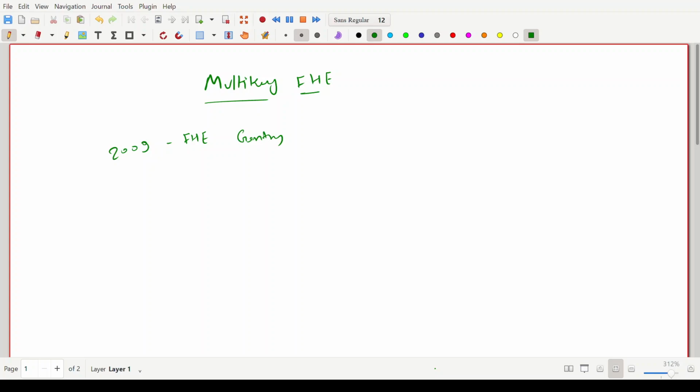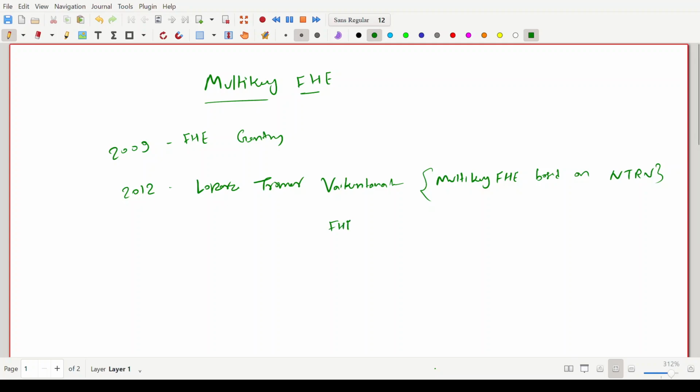And in 2012, there are some others, Lopez, Tromer, and Vaikuntanathan. They introduced this term multi-key FHE, and they constructed this based on NTRU. What is their idea? They first created an FHE scheme and then extended that FHE scheme into this multi-key FHE.